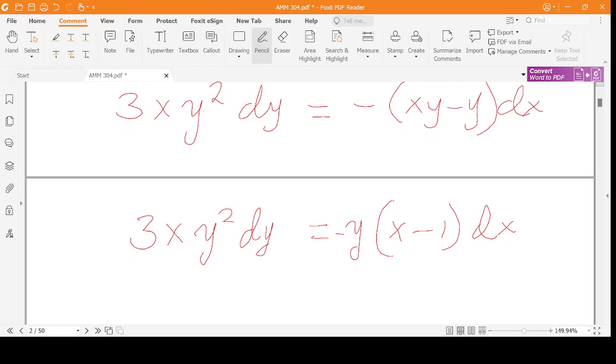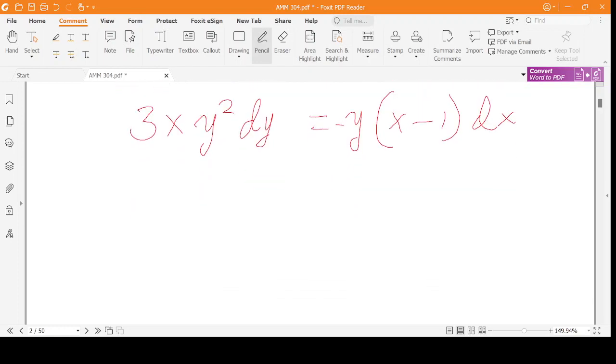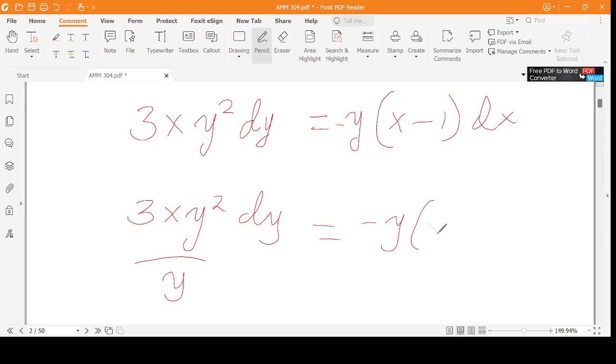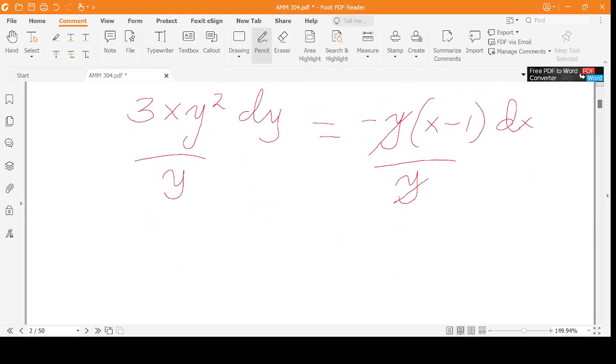Now I divide both sides by y. On the right hand side y will cancel out, and on the left hand side y squared divided by y will give me y, so that I'll get 3xy dy equals minus y... minus (x minus 1) dx.